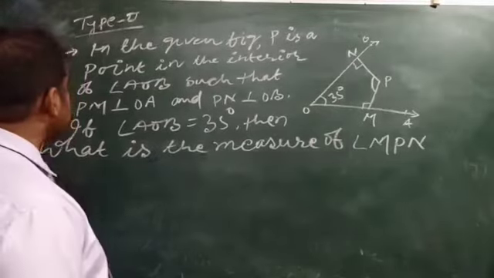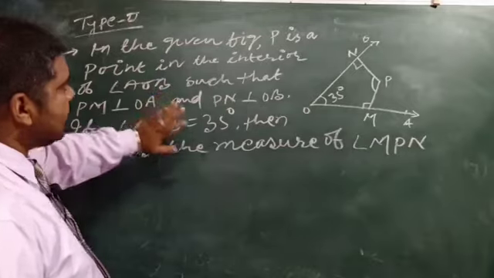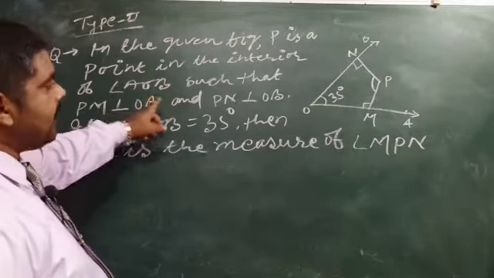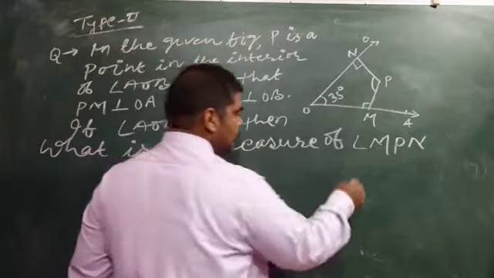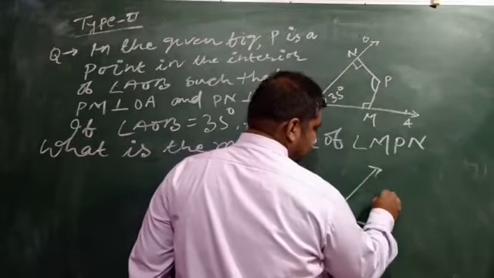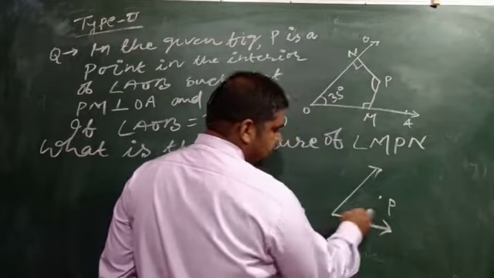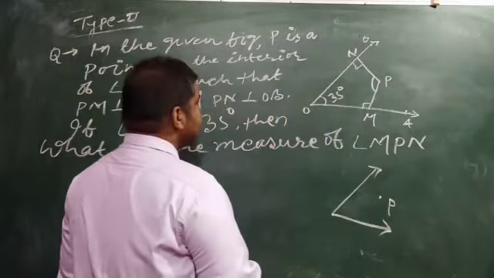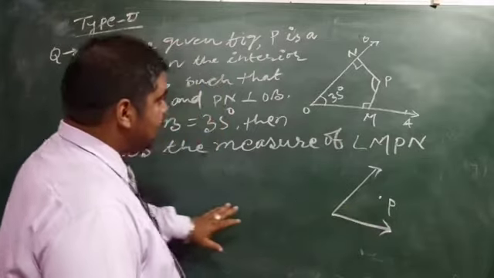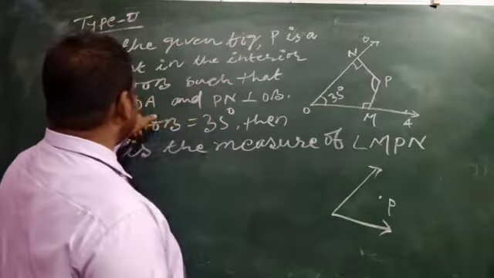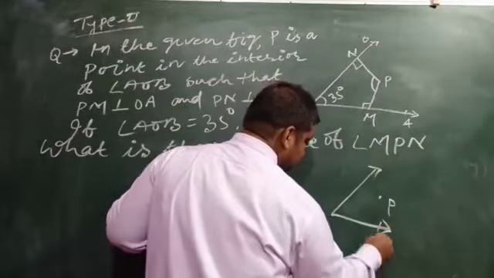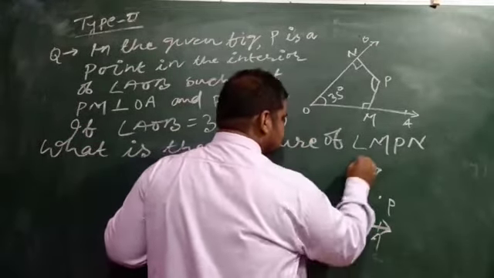My dear student, in the given question, P is a point in the interior of angle AOB. If any point is in the interior of the given angle, then it is known as the interior of this angle. You can see that this is A, O and B here.